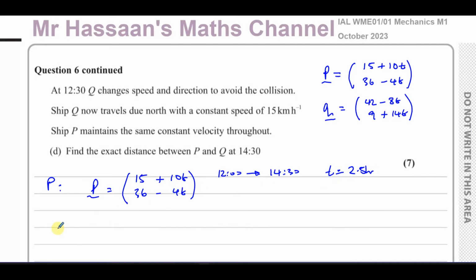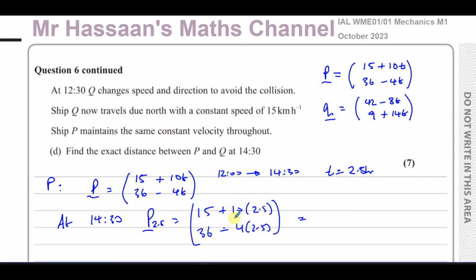So at 14:30, the position vector of P is going to be 15 plus 10 times 2.5 in the i direction, and 36 minus 4 times 2.5 in the j direction, which is 15 plus 25, which is 40, and 36 minus 10, which is 26.